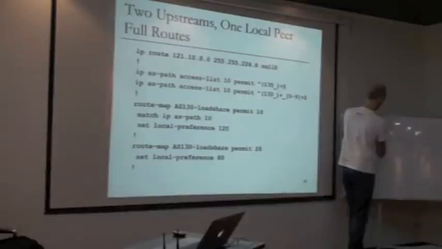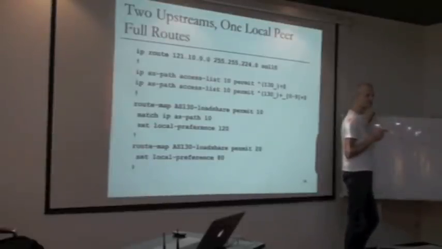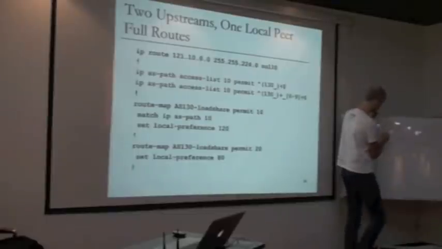A customer of AS130, well, aggregate goes out to 130, they're going to send the aggregate down to here. Okay?